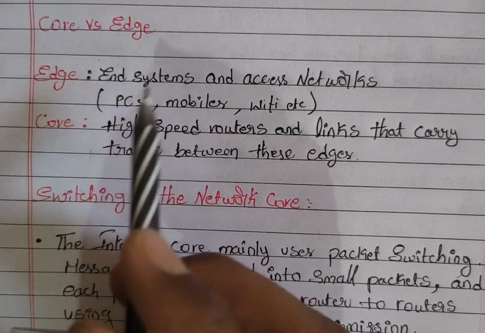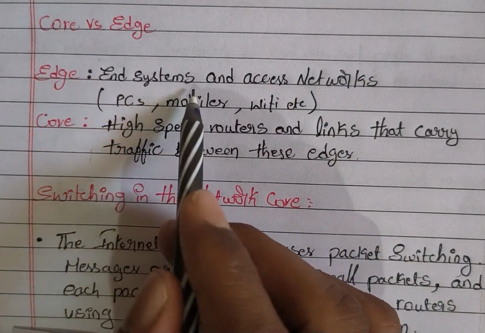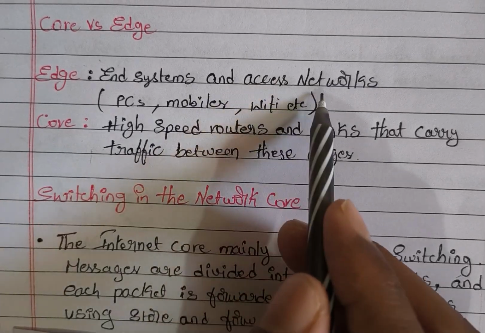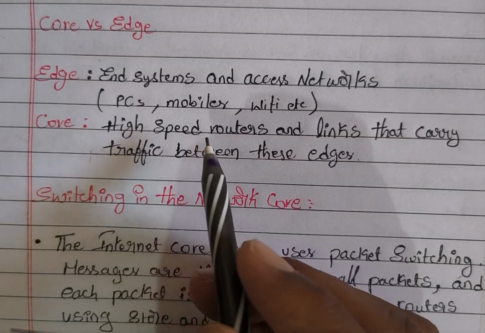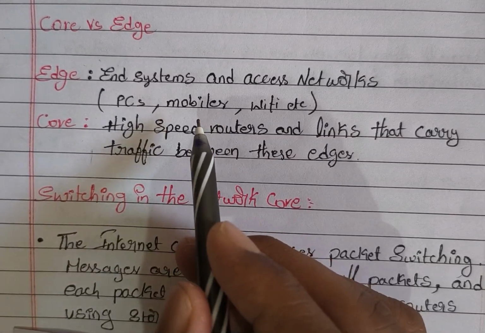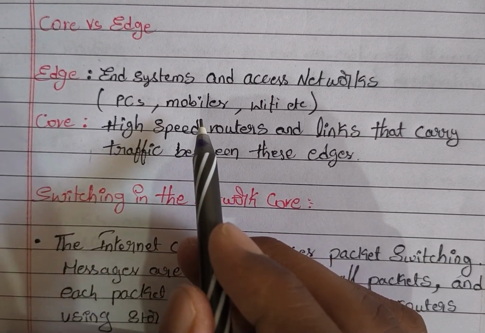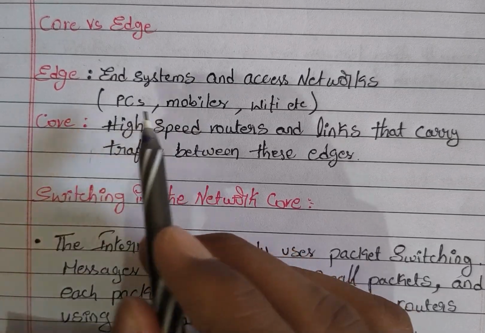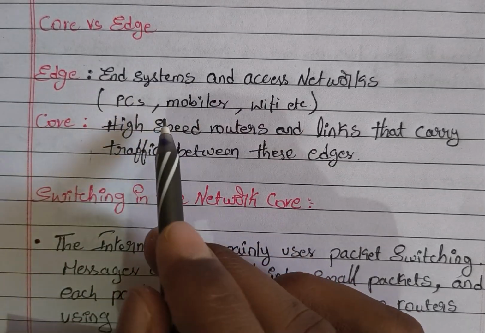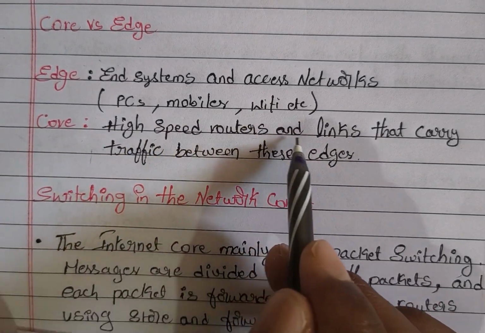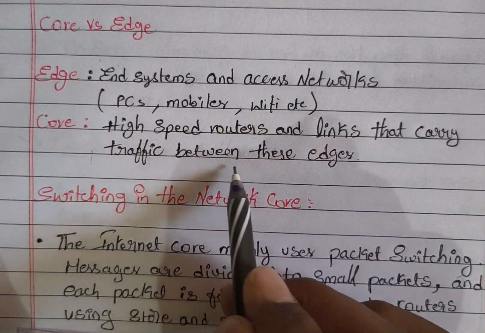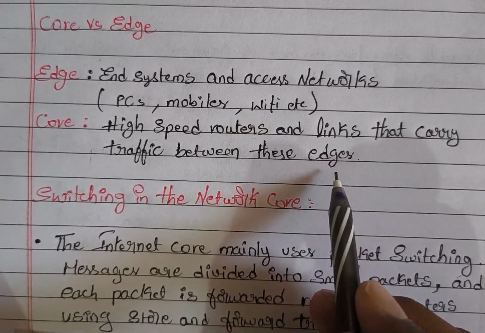Core versus edge. End systems and access networks: PCs, mobiles, Wi-Fi, etc. End systems, like I said in the earlier example, system A and system B. These two systems are the edges; PCs and mobiles are examples. And the core is the high-speed routers and the links that carry traffic between these edges.